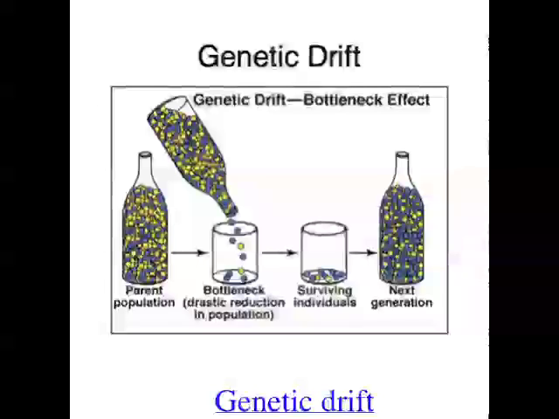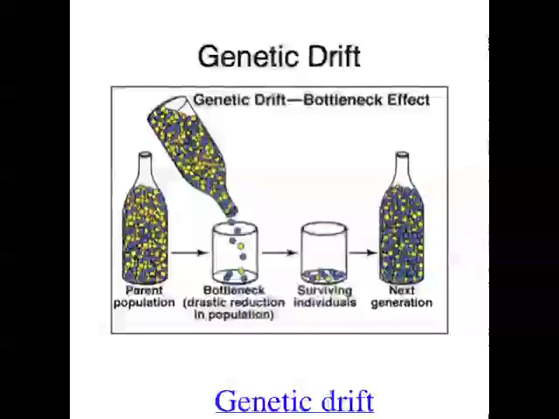Like they may have some unusual genetic makeup. And then when that bottlenecked population starts to reproduce and produce the new population, it'll have a possibly very different genetic makeup or very different gene pool compared to the original parent population prior to that bottleneck effect.